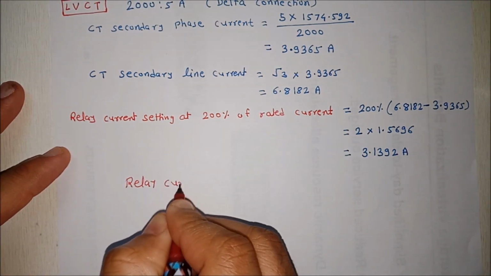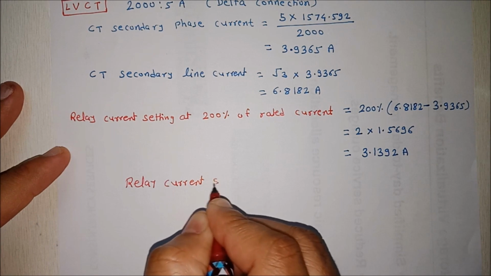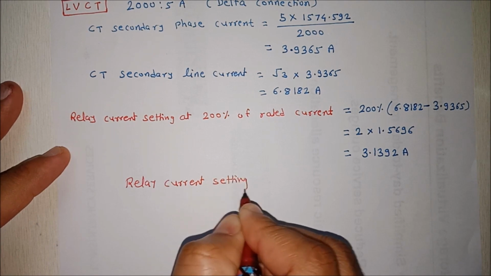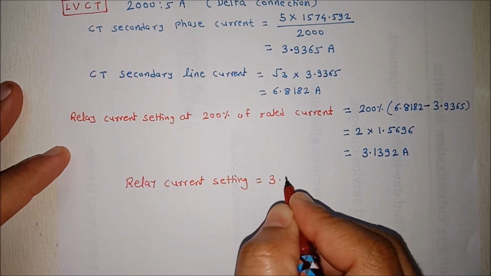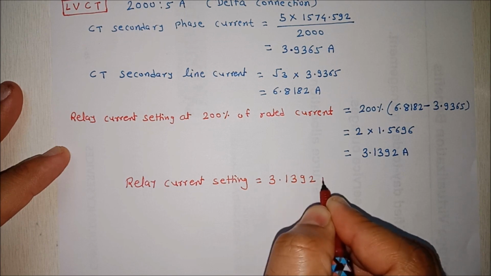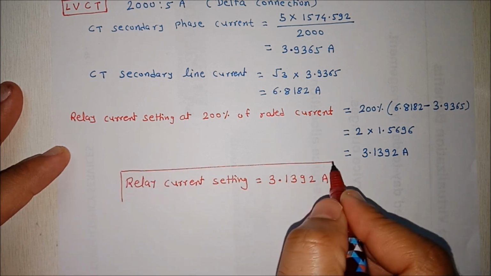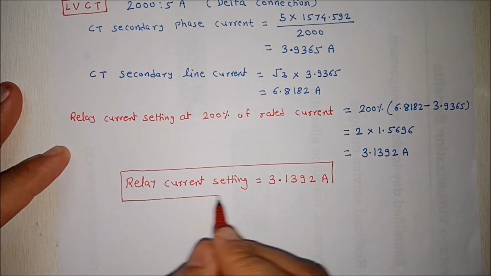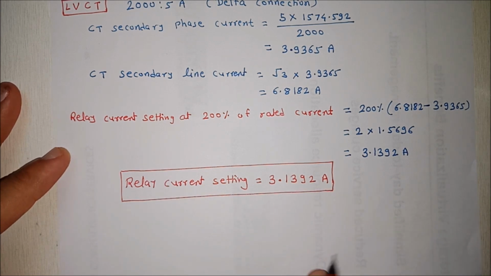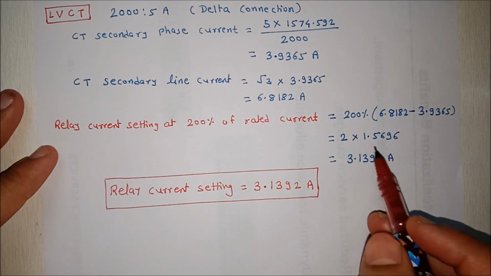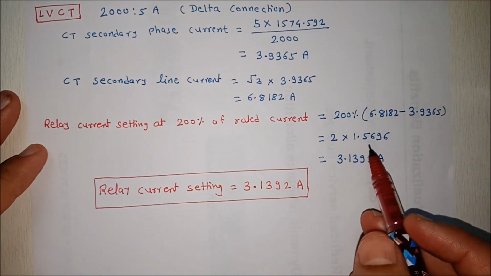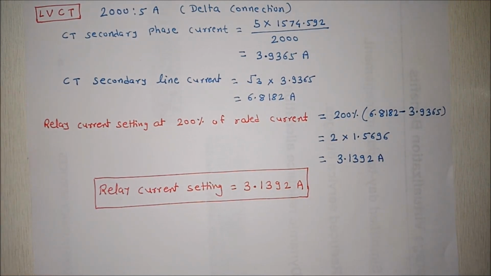So finally our relay current setting, the final answer, will be 3.1392 ampere. What does it mean? During rated load, 1.5696 ampere is the current that will flow through the trip coil.